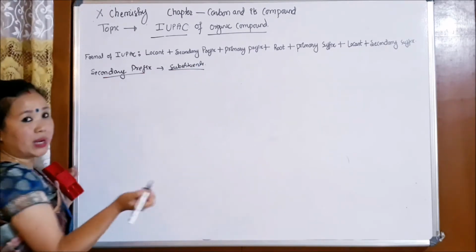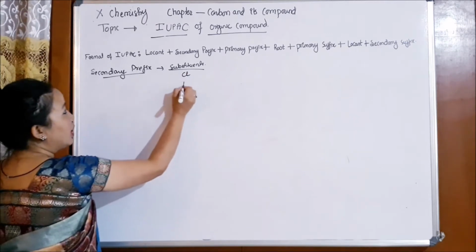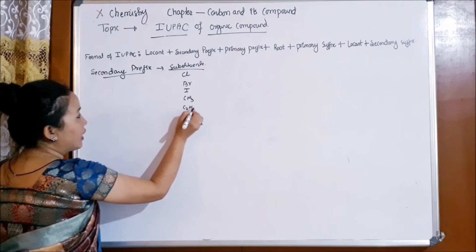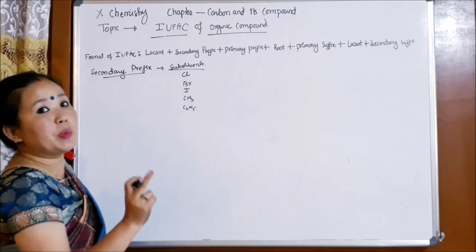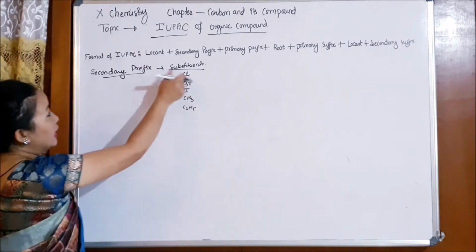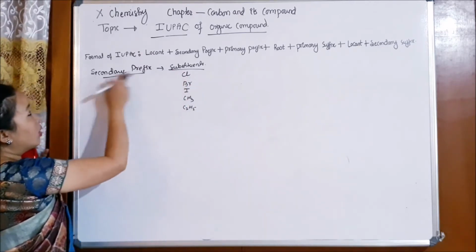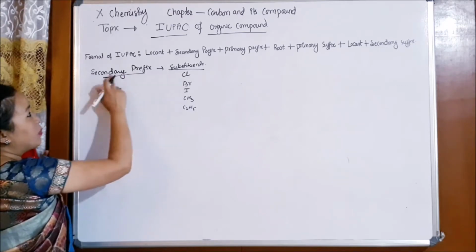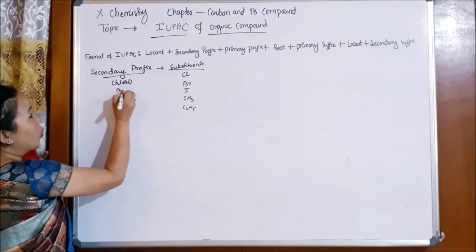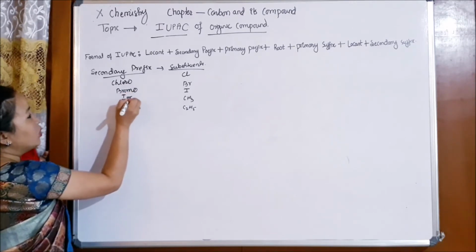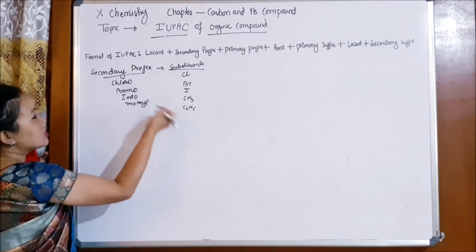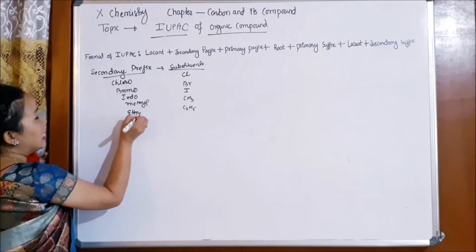If your substituent is Cl, Br, I, CH3 or C2H5, these are the substituents which replace one or two hydrogens from the carbon compound. Now what do we write in the secondary prefix? Cl is chloro, Br is bromo, I is iodo, CH3 is methyl, and C2H5 or CH3CH2 is ethyl.